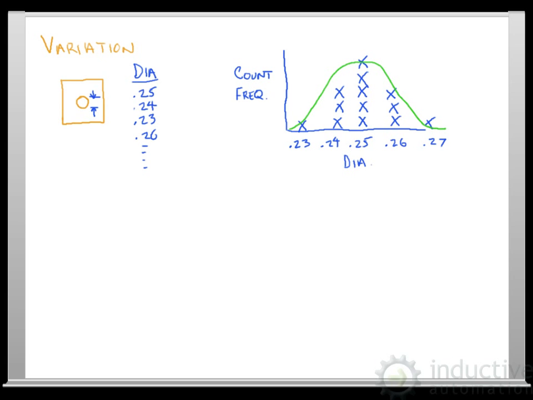And that's what we call a normal distribution. In other words, this is a normal distribution of our measurement values and how they're going to vary on a normal process.